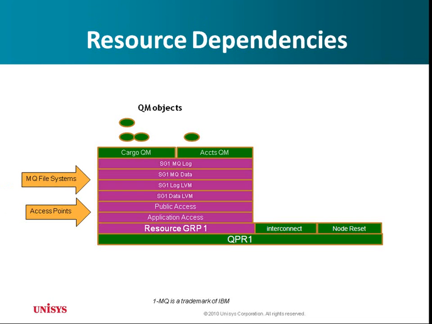Next are the MQ file systems, or the storage groups that we talked about. In this case, we're showing we have one storage group. It's comprised of both data and logs, and then the LVM devices. Then on top are the various queue managers and their resources. Adding trigger monitors, brokers, listeners, and channel initiators is optional.